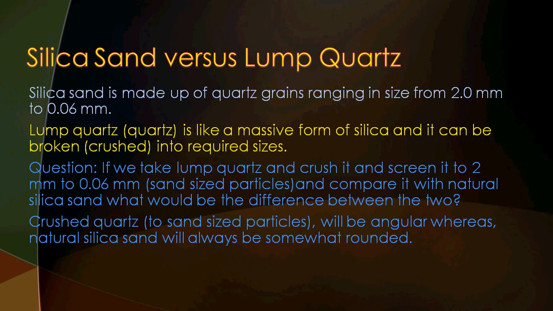So, it becomes smaller and smaller and round and round. So, the natural silica sand is always somewhat rounded because it formed as a result of weathering and erosion. On the other hand, this quartz which we crush in the crusher will have angular fragments, angular grains. It does not matter if it is a big grain or small grain, every grain will be an angular grain.